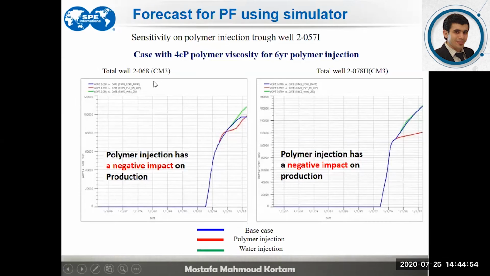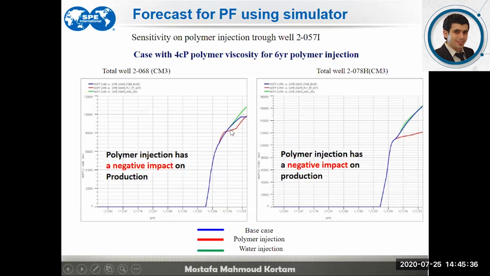We found that for one of the producer wells closer to the injector, due to the reduction in reservoir pressure, it impacted negatively the cumulative production, and the average oil rate has been reduced because the differential pressure of the withdrawal has reduced. That reduction in the oil rate was not compensated for a longer time, and the gain of the polymer would show up at a very late time, or in more advanced time, I mean.